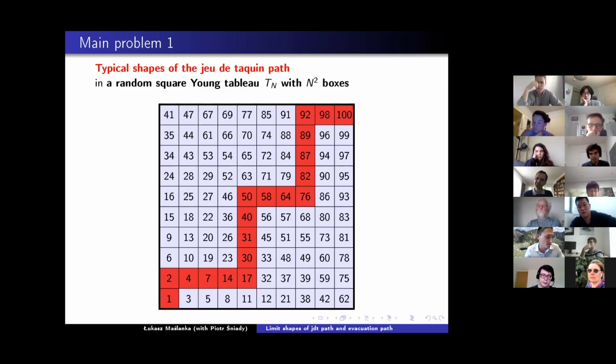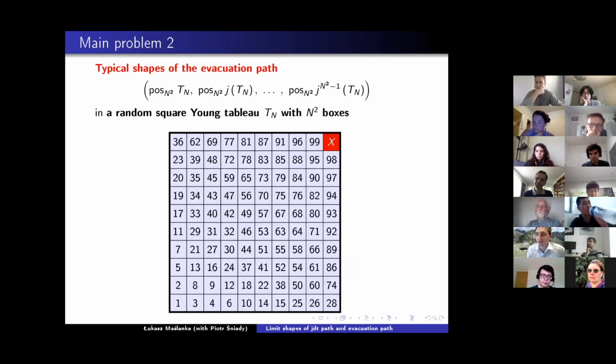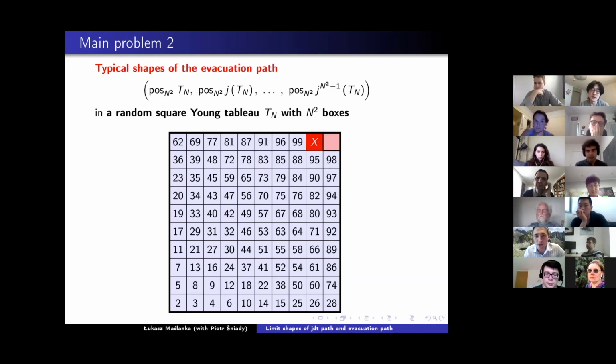The second problem is the problem of the evacuation path, which we define in the following way. It is the sequence of positions of the biggest box, so here the box with number 100, which is marked in red, when we apply taquin until there is no box to remove.